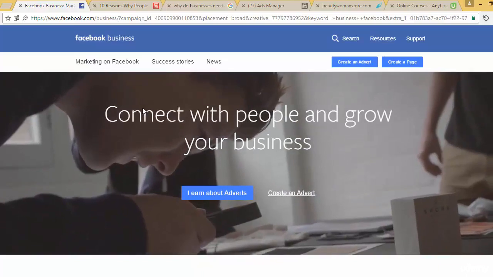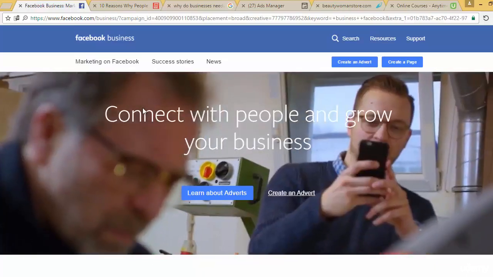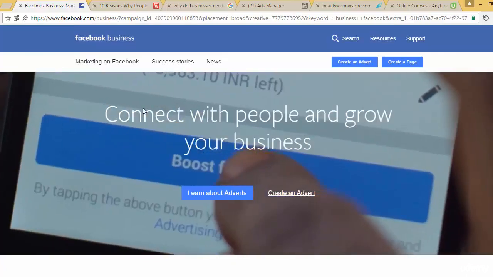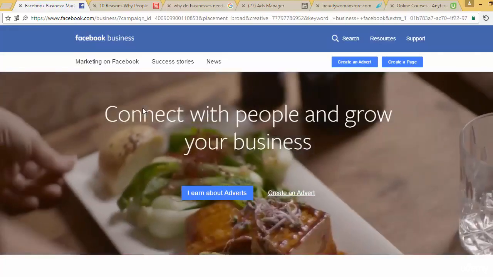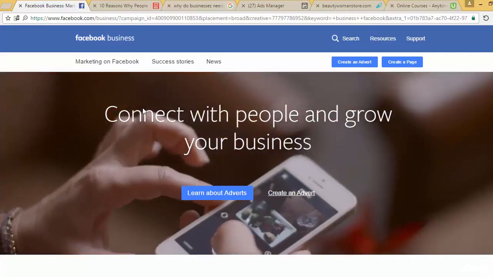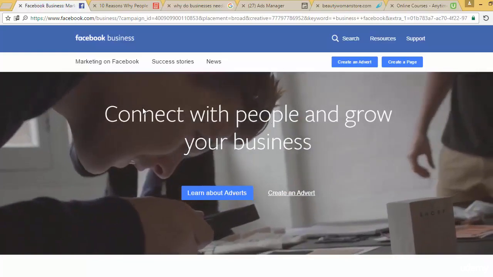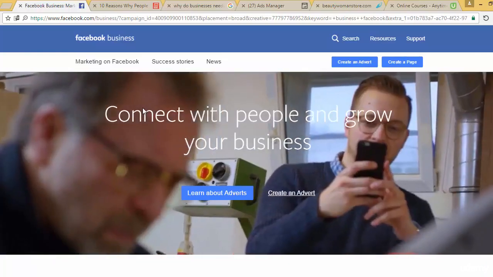So F stands for fan growth, L stands for lead generation, N stands for nurturing leads, S stands for sales. So what I'm going to do with each of them.